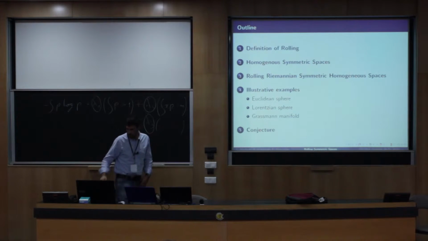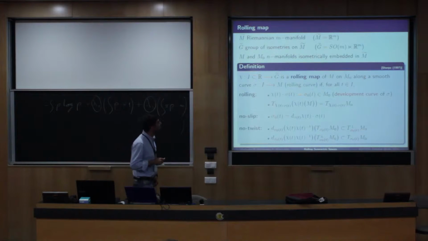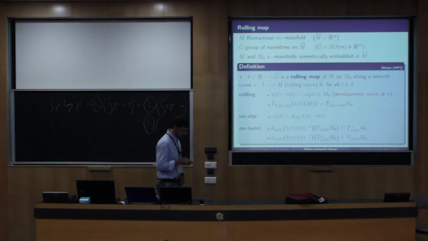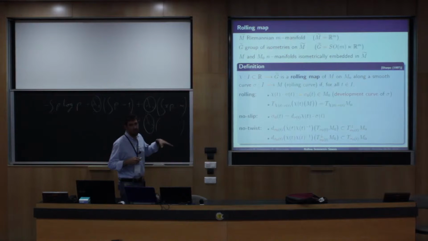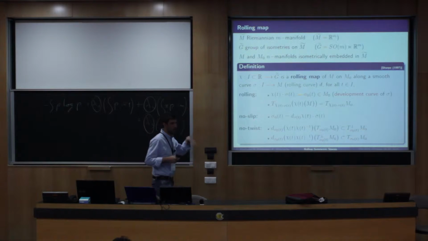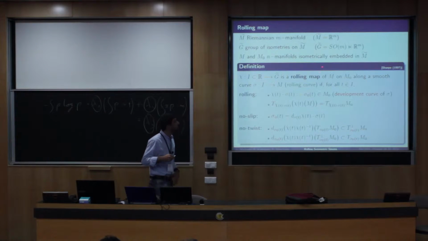In order to define what a rolling map is, I will start with a Riemannian manifold of dimension m that we call the ambient manifold. This is where everything happens. For simplicity, we can think that M tilde is the Euclidean space R^m.